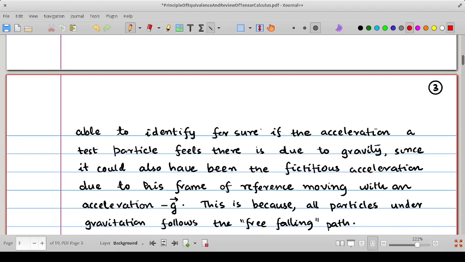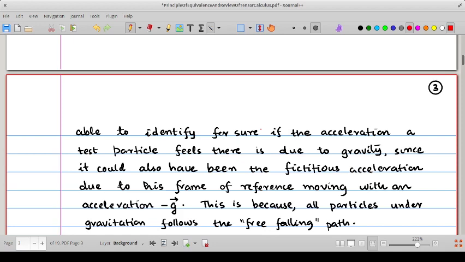Of course, he will be able to say this once he makes measurements by going to other points. But if he restricts himself to a small enough region of the space, then he will not be able to say for sure whether it is due to gravity or due to the acceleration of his own frame of reference.